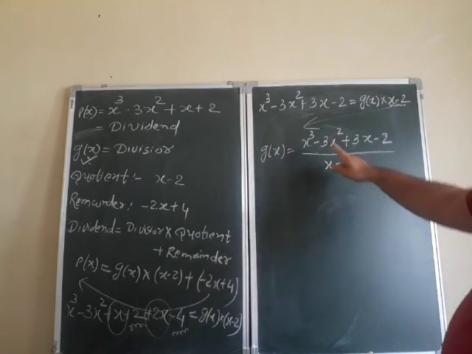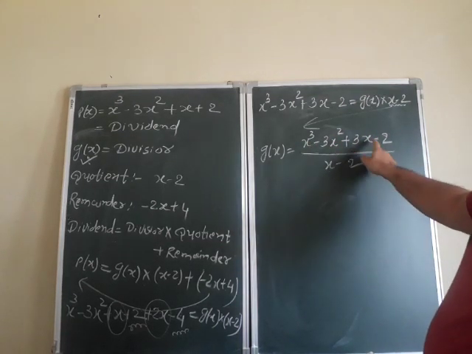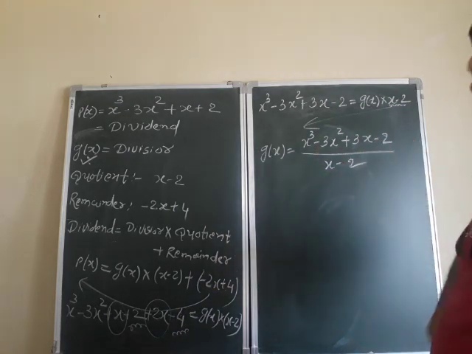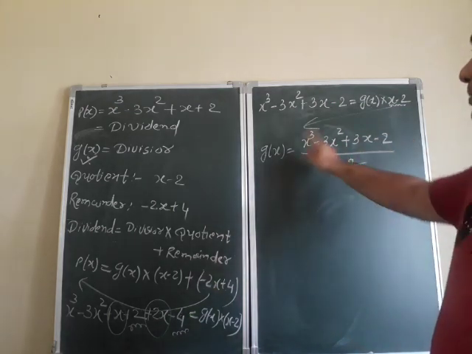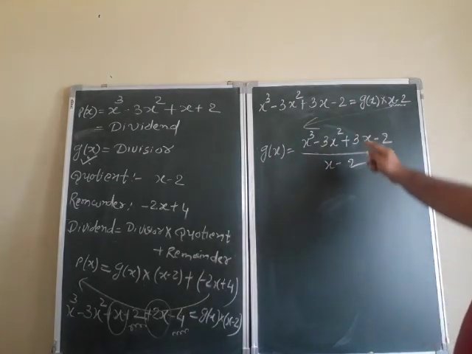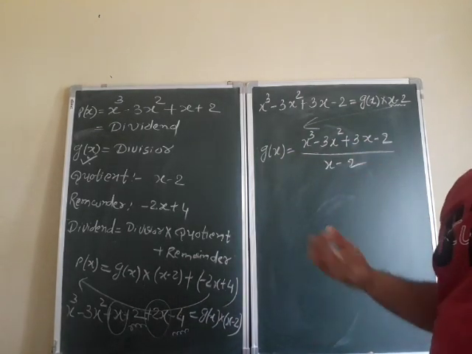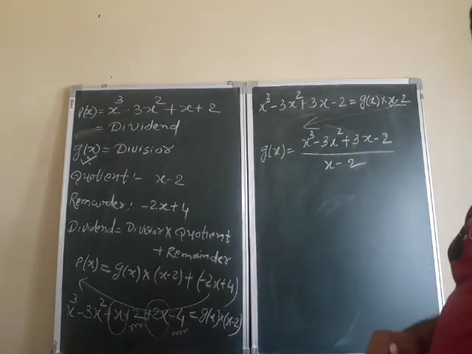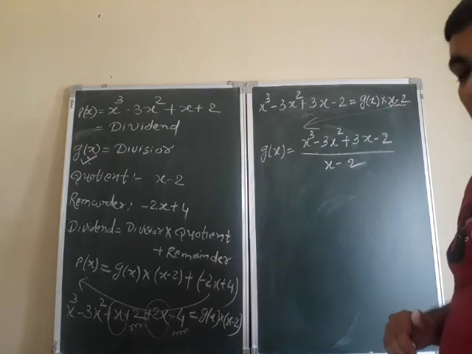Simple. Otherwise you can do factorization for this. One factor would be common from this, and that would be x minus 2 if possible. So the remaining thing is g of x. Is that clear? Otherwise you can do the long division algorithm method as we did previously. So both ways. Let me give both the methods one by one.